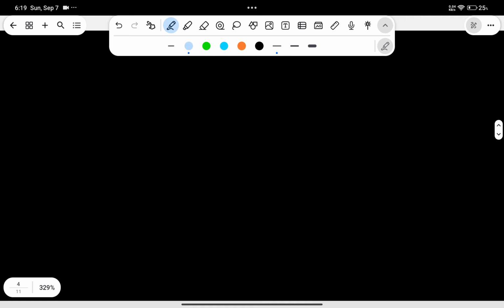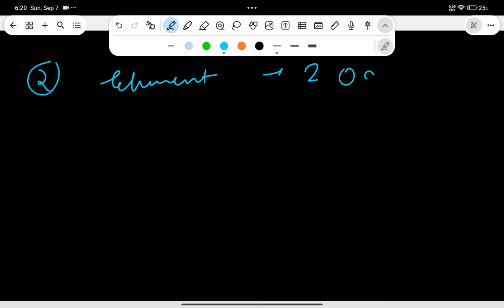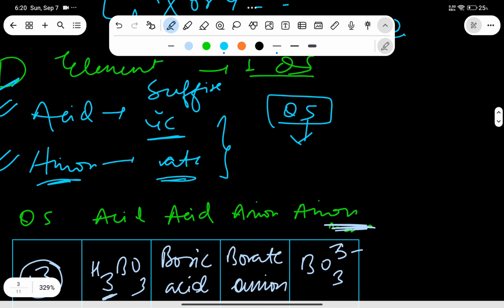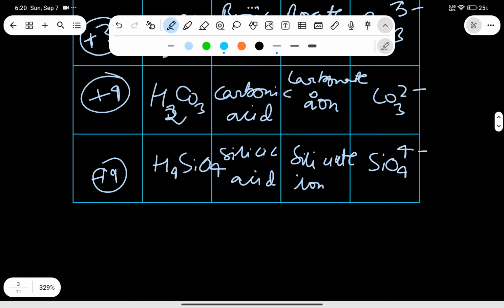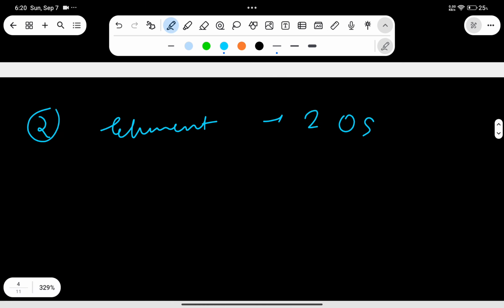Now let's complete the second point: when an element has two oxidation states. In a similar manner, what will be the suffix of the acid and anion?